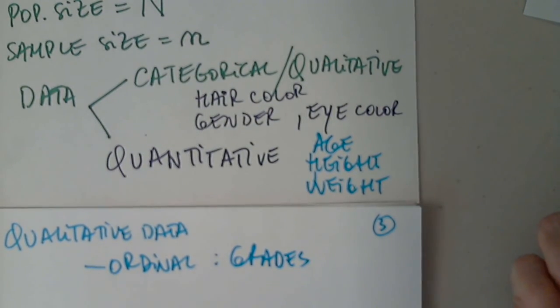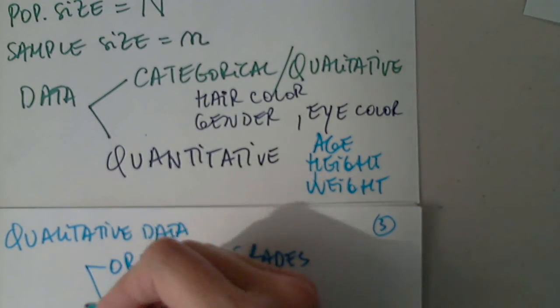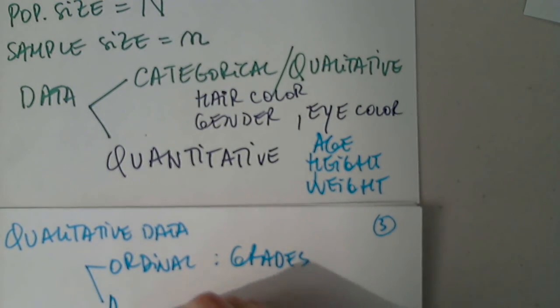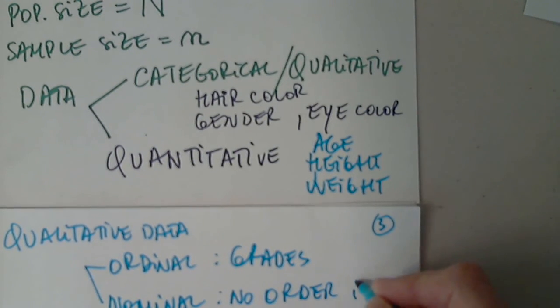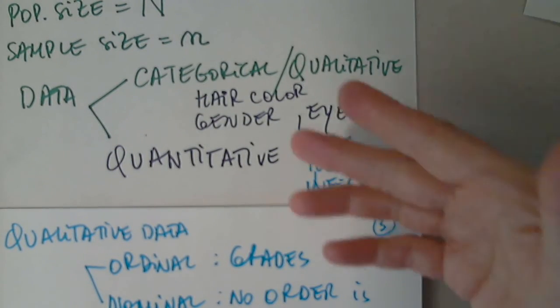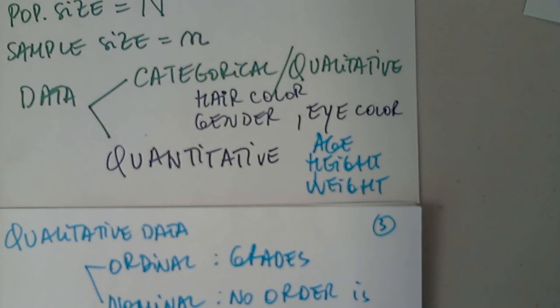I can present grades in an order. And the other possibility is nominal. I cannot order them. No order is possible. Like gender, like eye color, hair color.